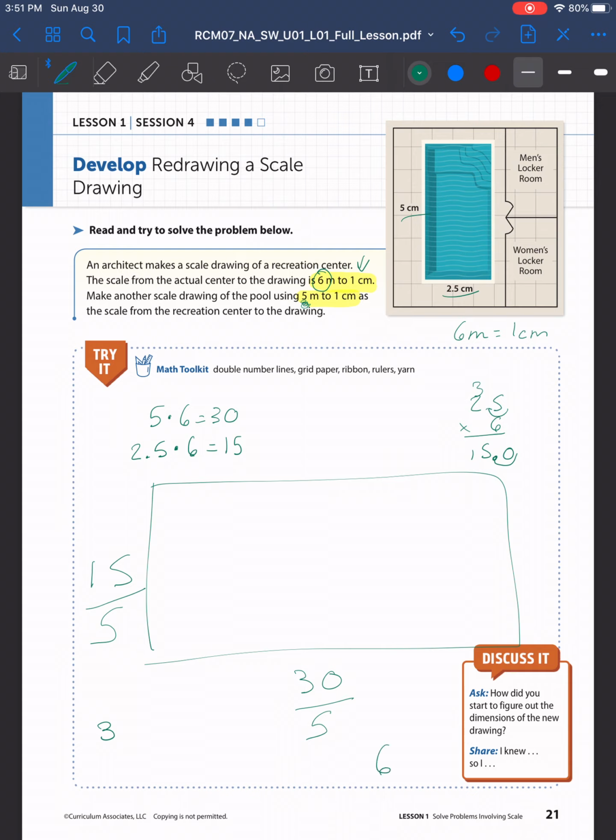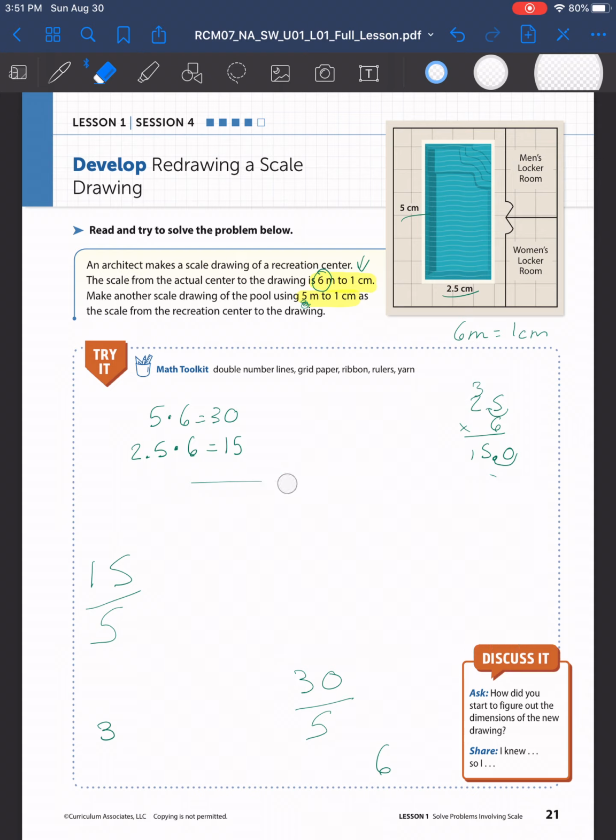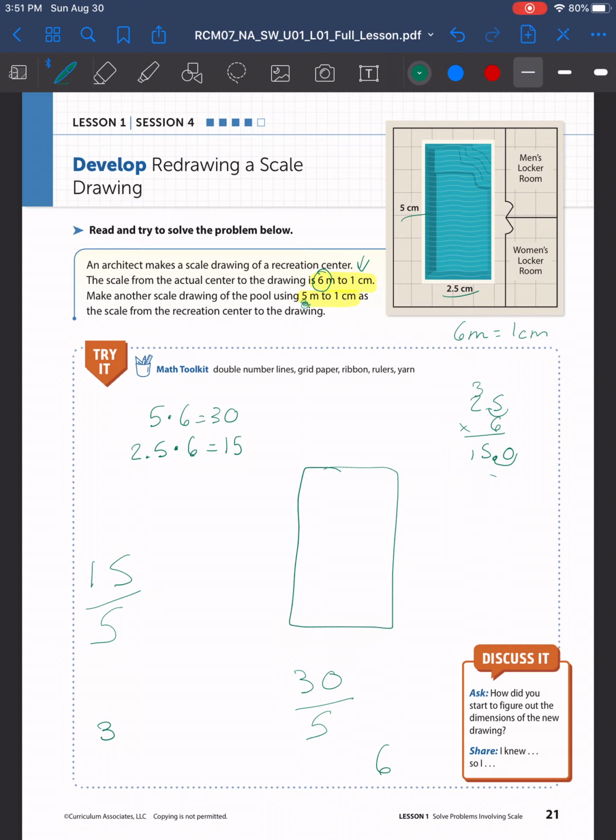Okay. So now my new swimming pool, let me go and erase my giant one that I just drew. Too big. Took up all my space. My new scale drawing is going to be 3 by 6. You see how I flipped it so that it matched the same rectangle up here? Okay. This is my new swimming pool.